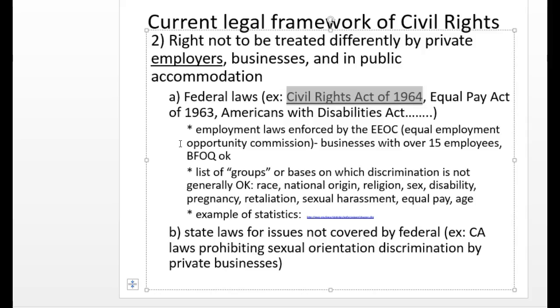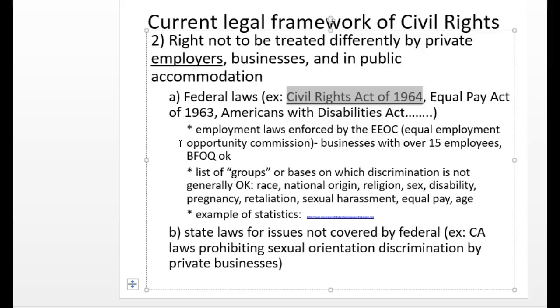Other legal mechanisms are not used until the EEOC has finished its work. So in other words, one doesn't simply file a lawsuit if one thinks one's been discriminated against. You have to first go through this EEOC step. And then the EEOC gives permission to sue if one is not happy with the decision of the EEOC.